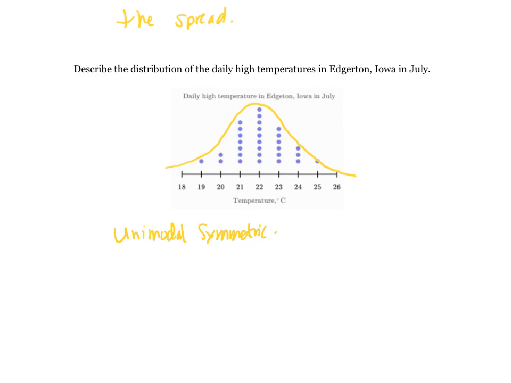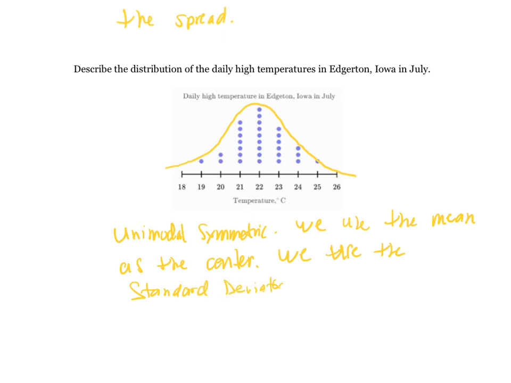And in a unimodal symmetric distribution, we use the mean as the center, and we use the standard deviation as the spread.